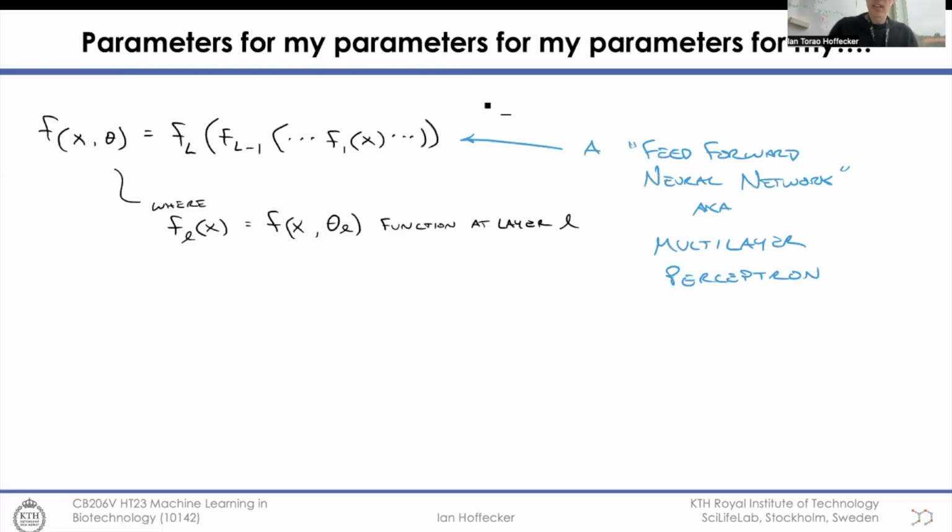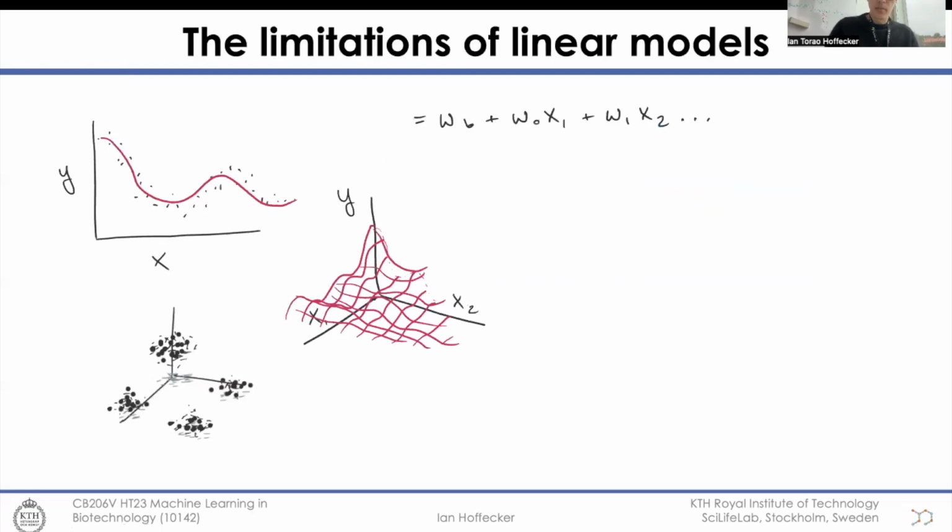The basic idea behind deep neural networks is that we have nested parameters, nested functions. The function we're interested in is going to be determined by a function of a function of a function, and each of those functions corresponds to a layer in the neural network. This allows us to divide our space more finely, or with more freedom.